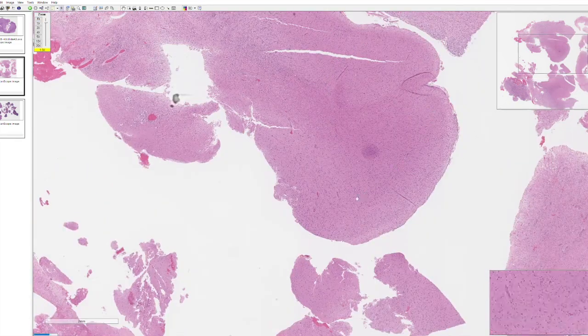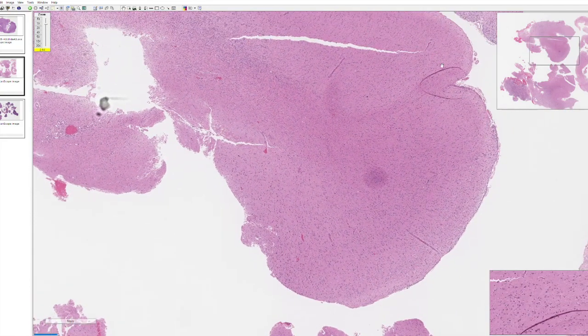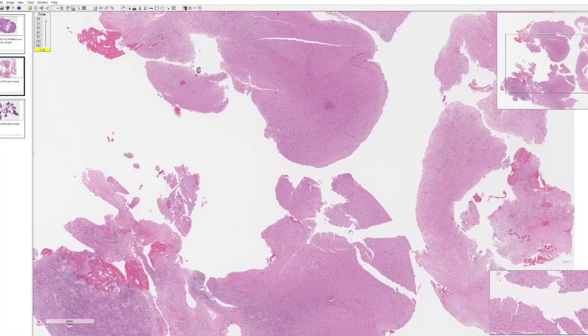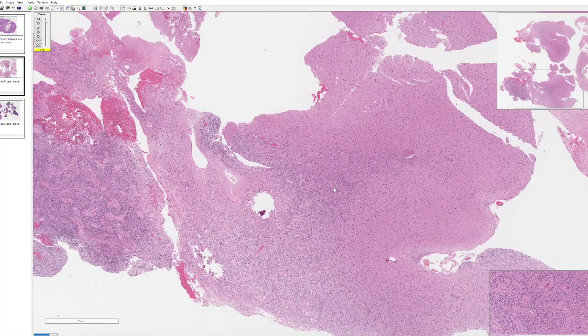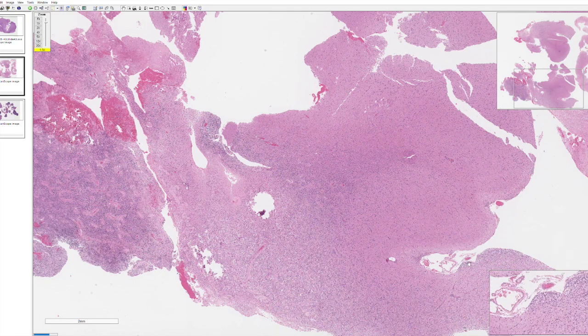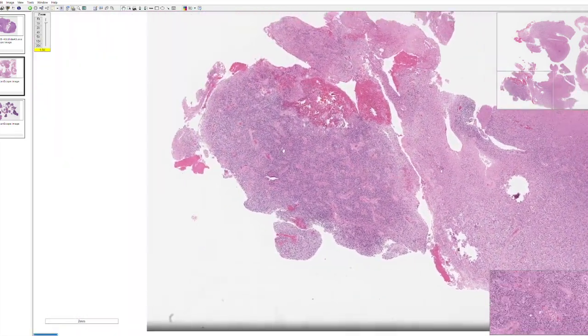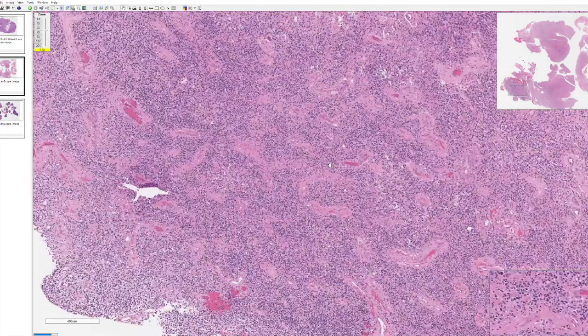So this area here is relatively pink. It looks like the brain tissue that we are accustomed to seeing, but immediately we can see that other areas are much more cellular, as shown here with the purple. And you can see there's a gradient of what appears to be relatively normal brain tissue here that's pink, and as we move closer and closer to this very purplish area, we see that this is in fact the tumor.